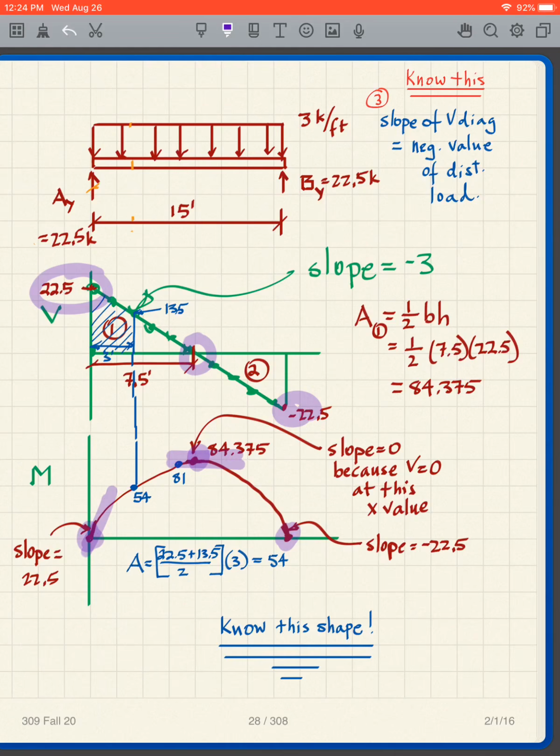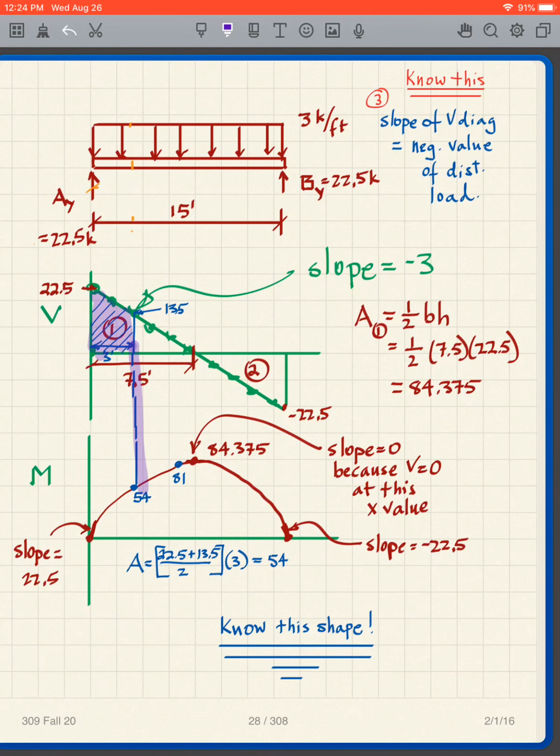Now, if you need to get an intermediate value, for instance, the value of the moment at a distance of 3 feet, I can get it directly from the shear diagram. I get it by figuring out the area of this trapezoid here.